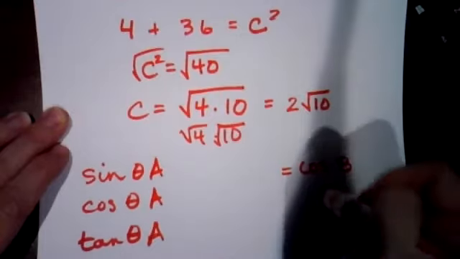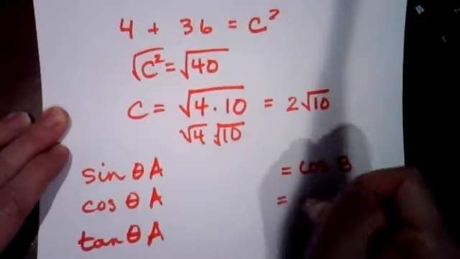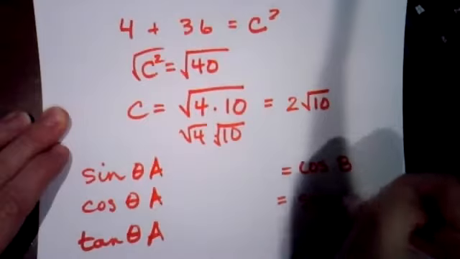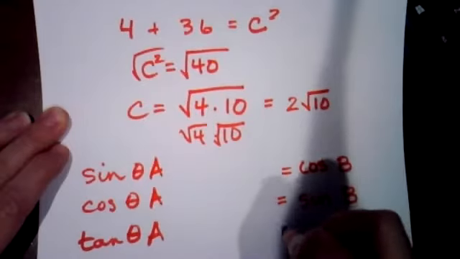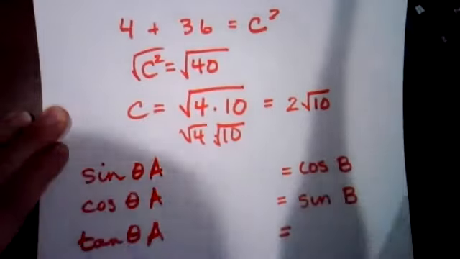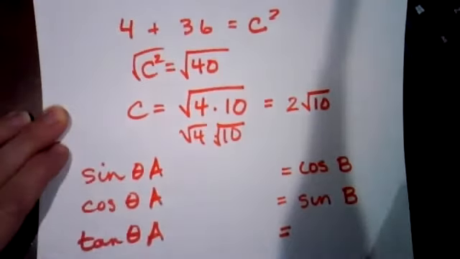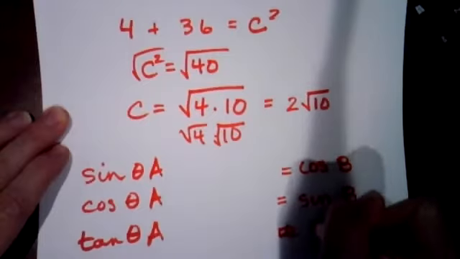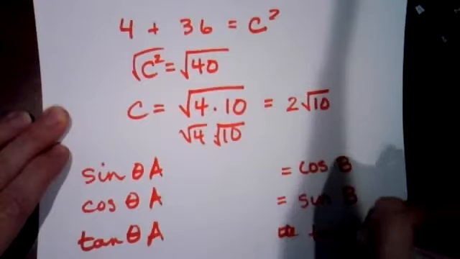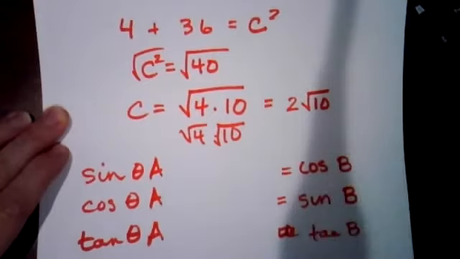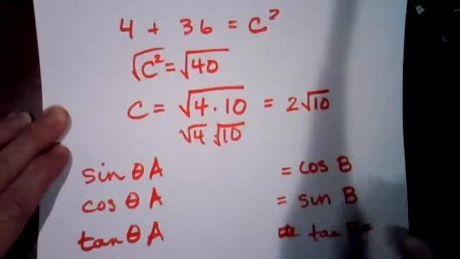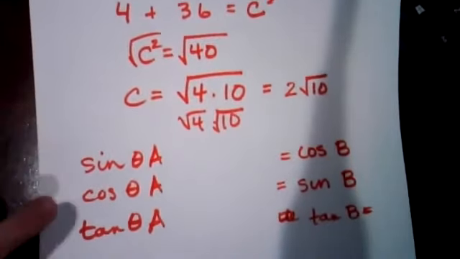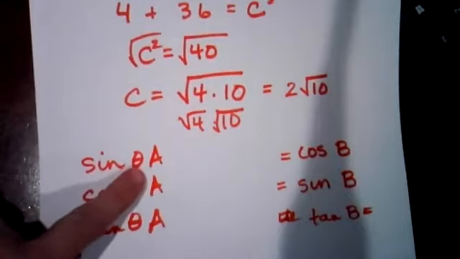Now, just keep in mind, you do have to think through that to figure out which one is which. And then this one, the tangent, we actually have to solve for the tangent of B. So scratch that. We'll go ahead and solve for tangent of B in the end. So we'll come back to that. So our theta is going to be A.